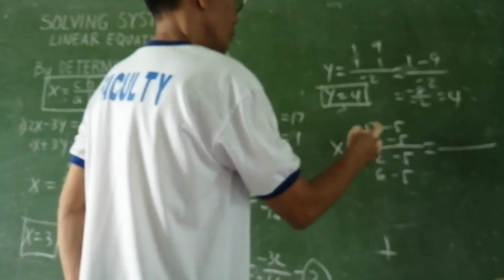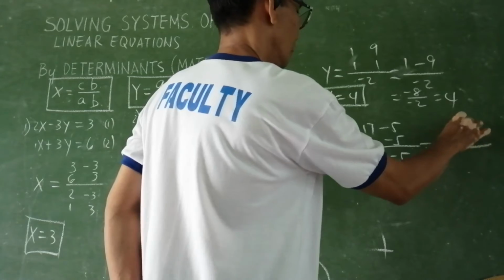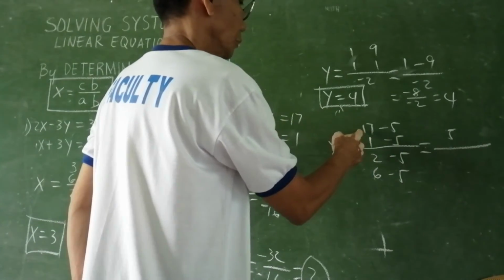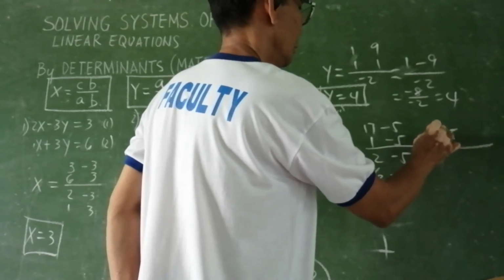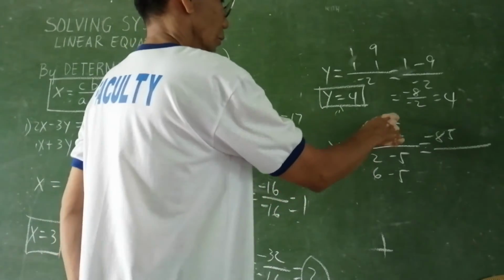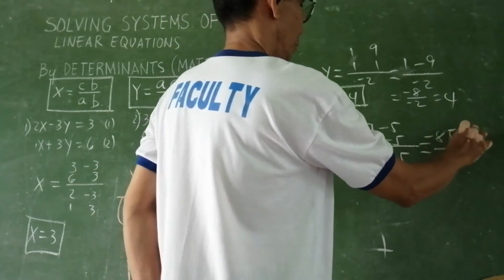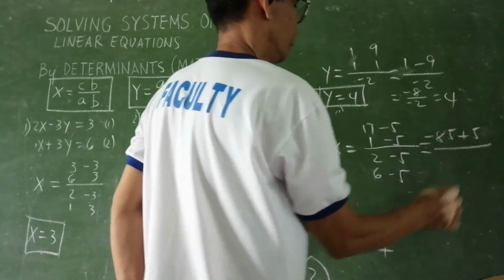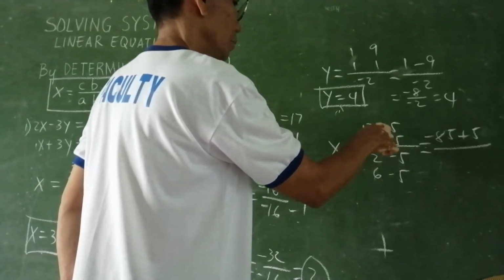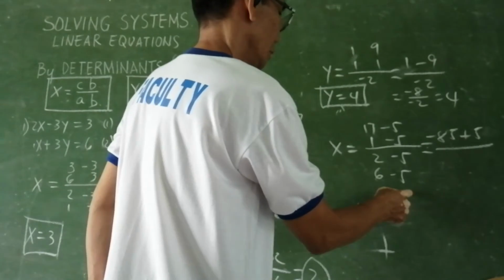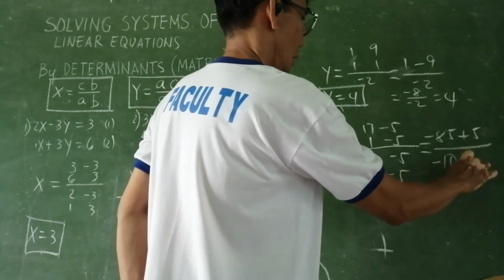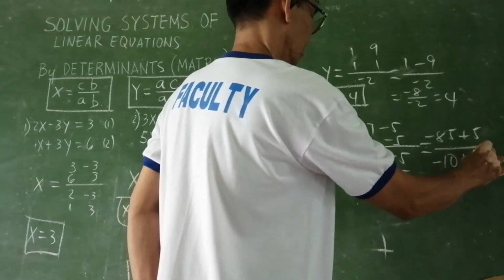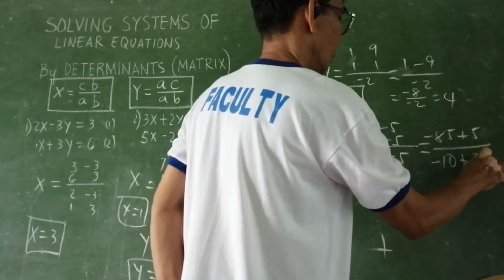So 5 times 7 is 35. 5 times 1 is 5, plus 3 is 85, negative. That will be plus 5, plus because of the negative. 2 times negative 5 is negative 10, plus 30. 6 times 5 is 30.